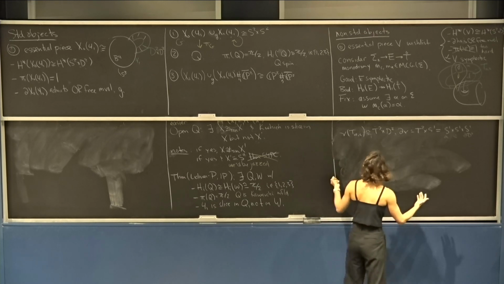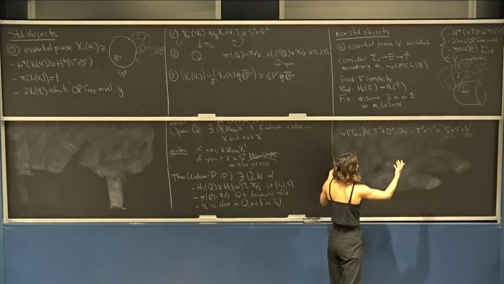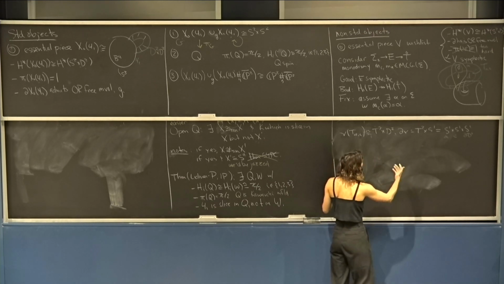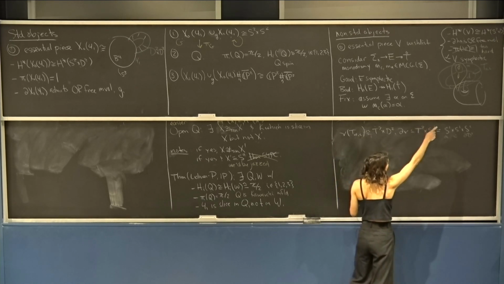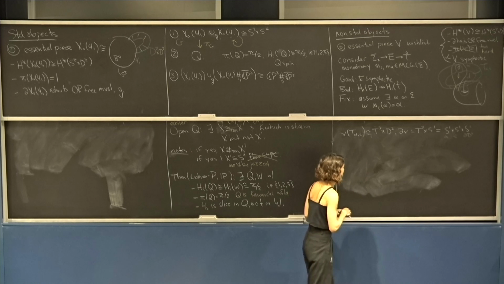So what have we done so far? We've observed that there's this torus in our manifold, and one of the curves in homology of the torus is one of these curves in homology of the base that we'd like to get rid of.